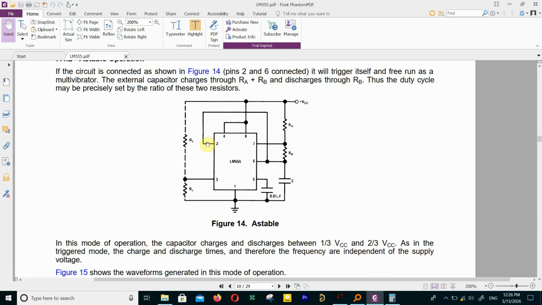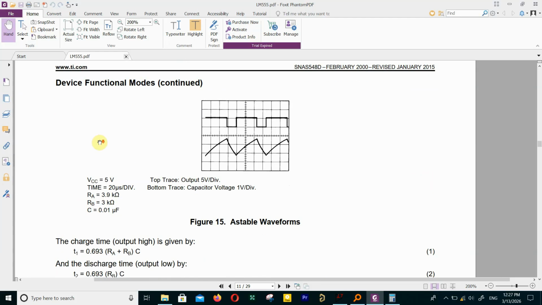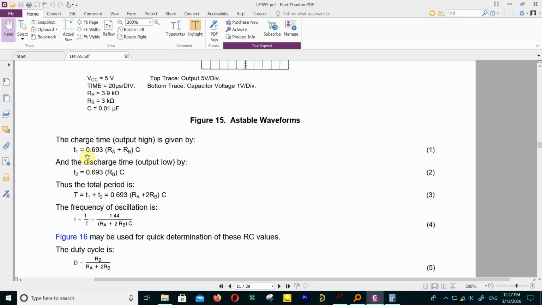Pin 2 compares its voltage with 1/3 VCC, and pin 6 compares with 2/3 times VCC. So these two are critical voltages to produce a pulse waveform in the output as an astable circuit, and you can see some formulas here.